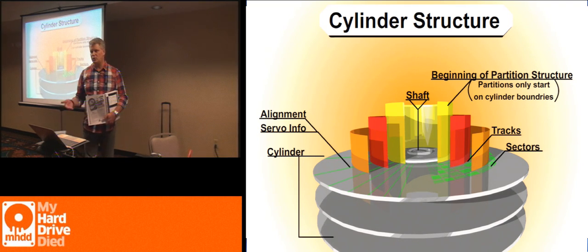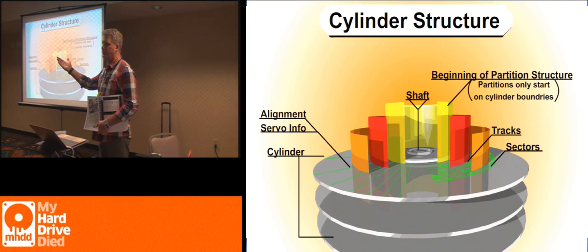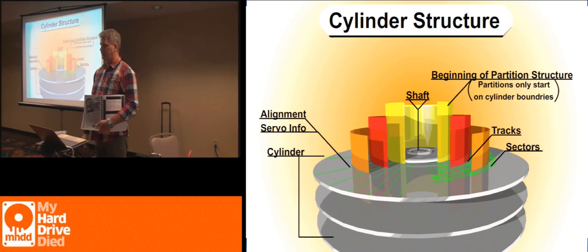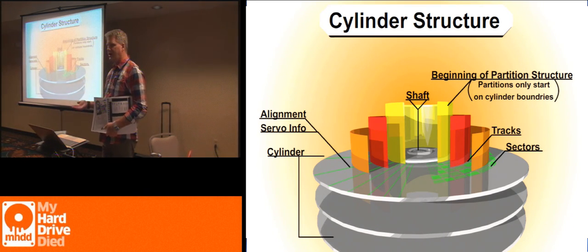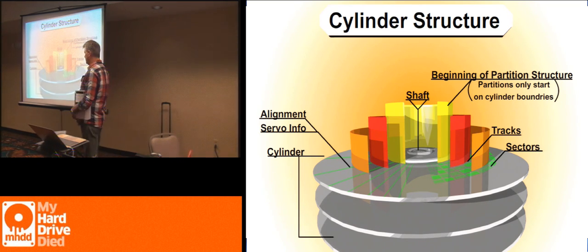And so across one top of the platter, there's only going to be 216 possible choices, or however many choices there are. It's a mathematical equation for the length of the disk. It must begin on cylinder boundaries, so it can only begin on a track. So when they went to LBA blocks and they got rid of CHS, they did a calculation, and from one beginning location to the next beginning location is 8 megs.